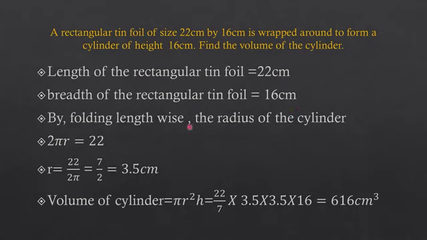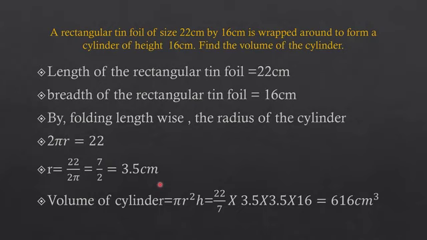Now when we are folding the tin foil from the length, 2 pi r is equal to 22, because the entire length of the rectangle will form the circle of the cylinder. So 2 pi r is equal to 22, so the radius will be 3.5 centimeter.